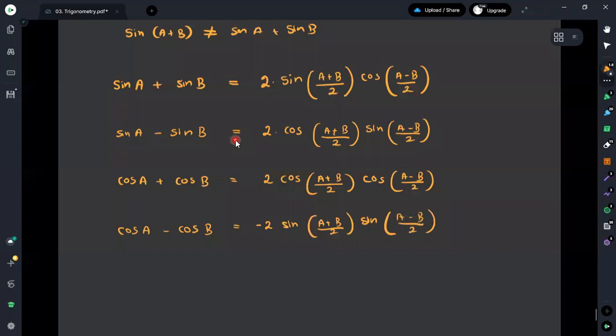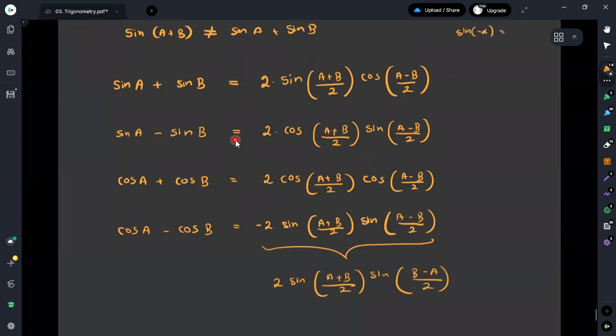But this quantity will again be equal to 2 times sine (A plus B) over 2 times sine (B minus A) divided by 2. It is because in the previous session we have learned that sine of minus alpha is equal to minus sine alpha.